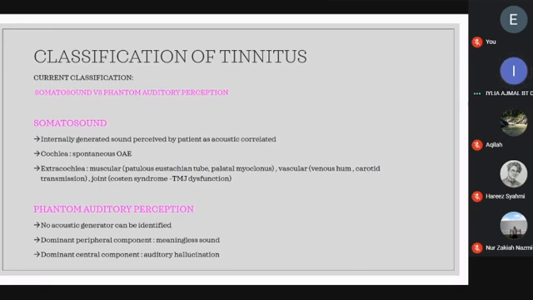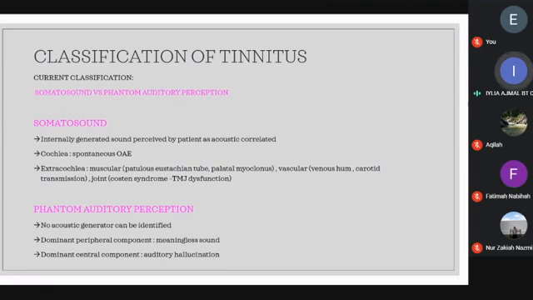Okay. So another classification is phantom, where there's no sound generator that can be identified. It can be sub-classified into dominant peripheral or dominant central. Peripheral is like this patient can hear sound but it's meaningless.